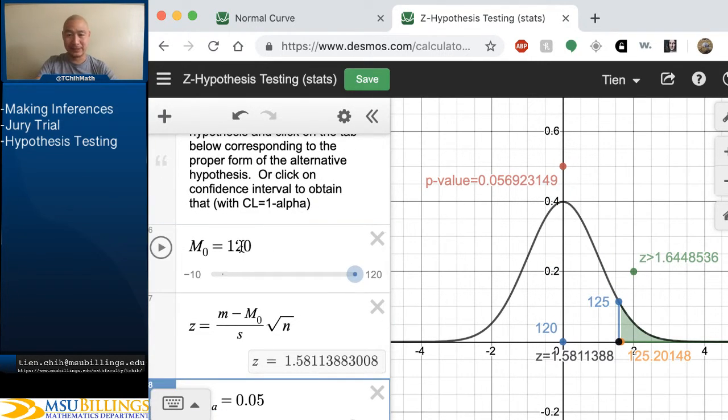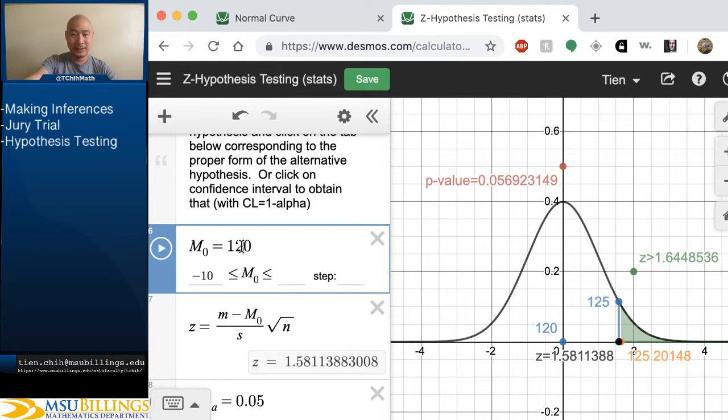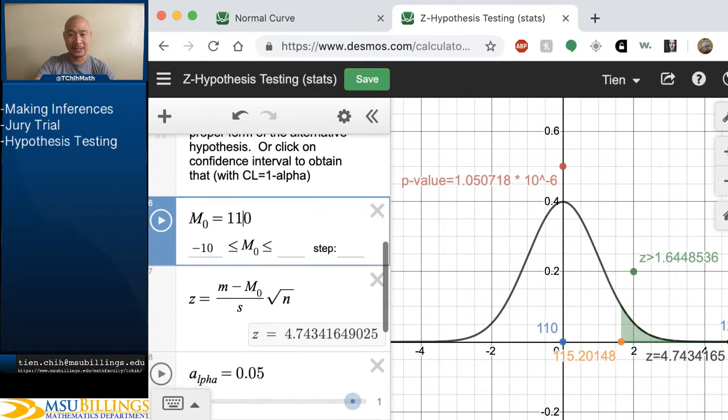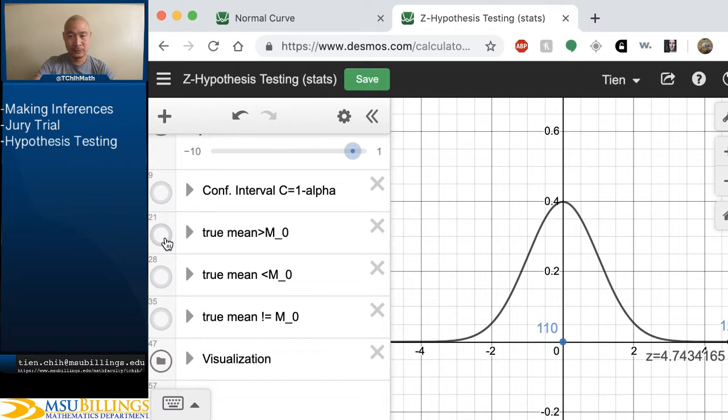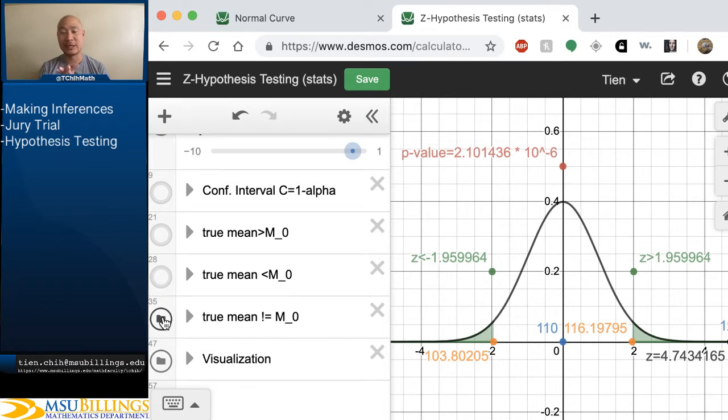On the other hand, in the second problem we did, we went from 120 pounds to just not being 110. We said that our true mean is just that we're not 110. And so if 40 purple microelephants on average weighed more than 116.2 or less than 103.8 pounds, we would call that strong enough evidence to reject the null.